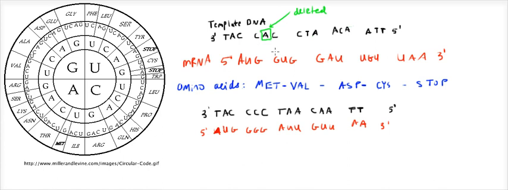So the G here, that used to be the first base in the third codon, ends up being the last base in the second codon because they all have to get shifted down to form triplets.